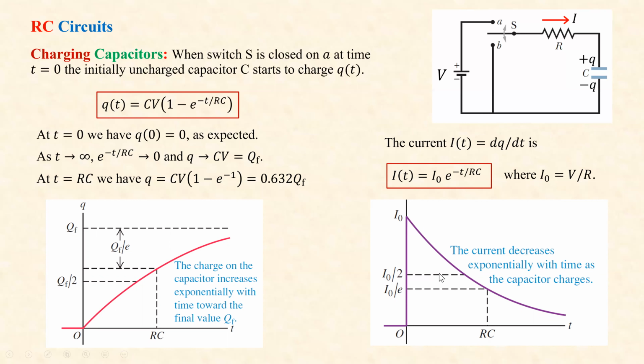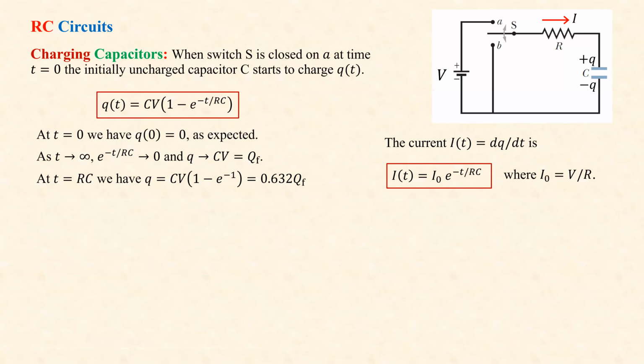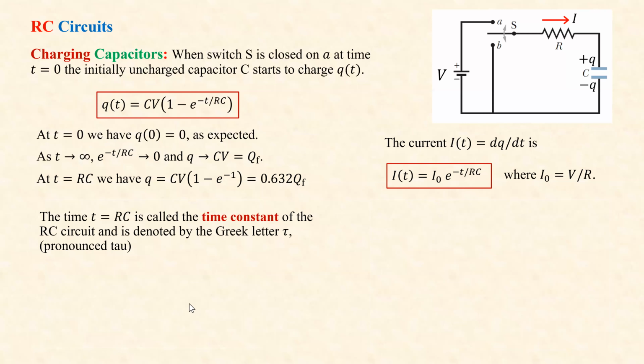And of course, at this time here, you get to half of the initial current. At time equal to RC, you get I naught over e, which means 37% of the initial value. All right. Now, this T equal to RC is called the time constant of the RC circuit and is denoted by the Greek letter tau.